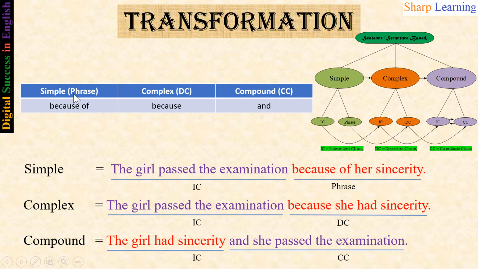So for simple sentence, because of; complex sentence, because; in compound sentence, and. These are the basic changes of phrase or conjunction of different types of sentences.